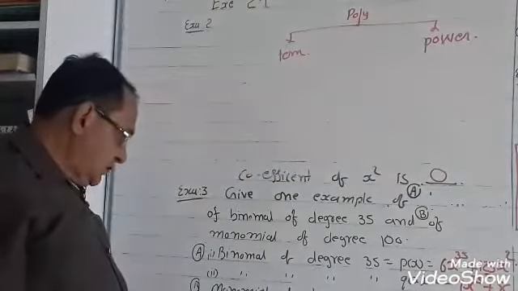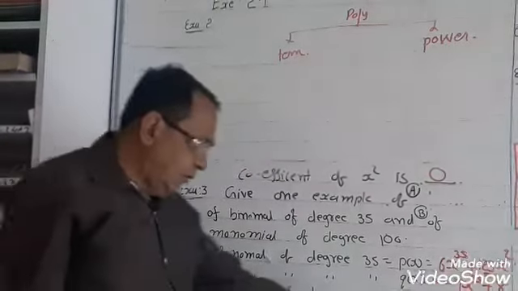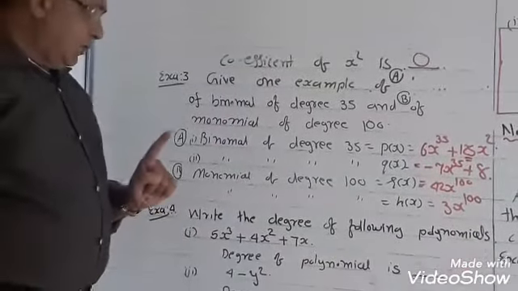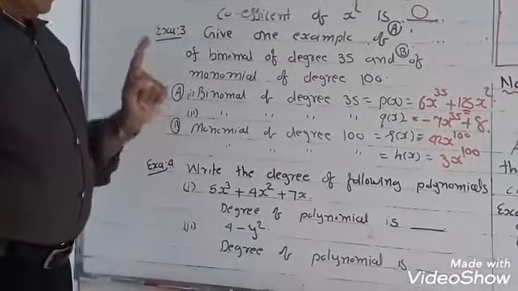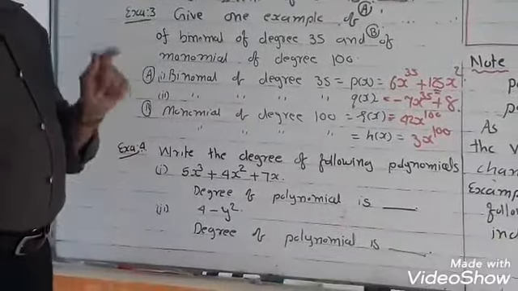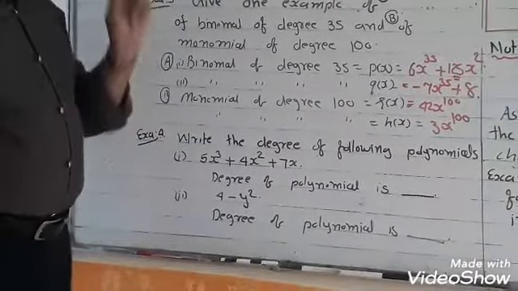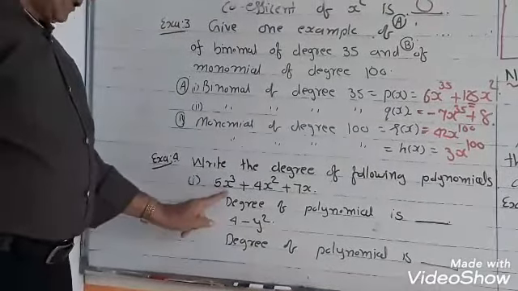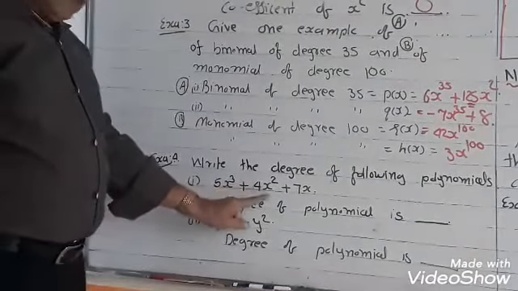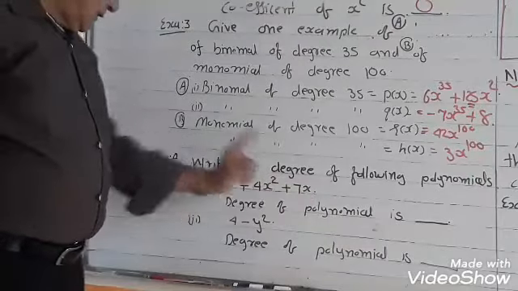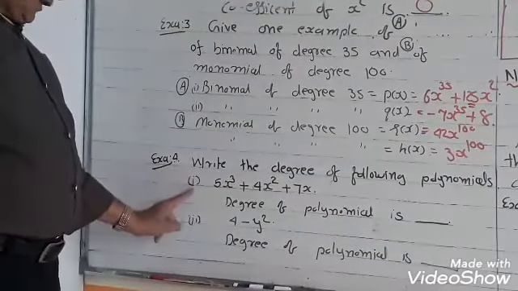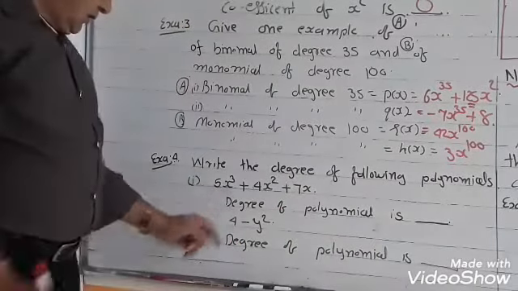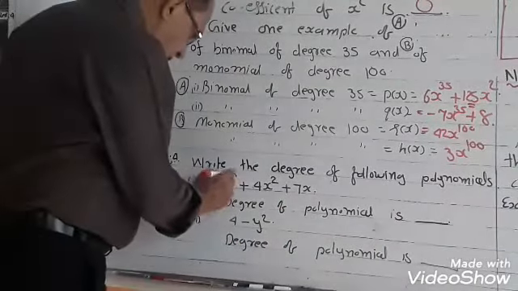Clear? Now write the degree of the following polynomials. The highest power of the polynomial is known as the degree of the polynomial. 5x cubed plus 4x square plus 7x. Example number 4, 1. What is the degree? Here the degree is 3.